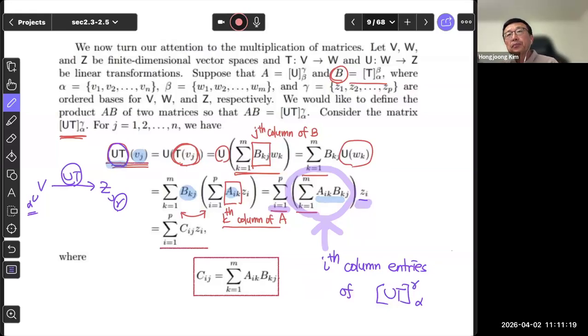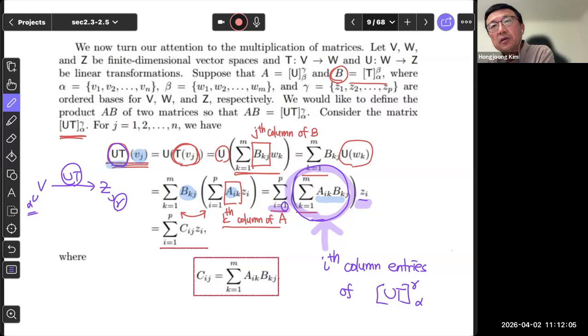So in particular, when I is 1, this expression represents the first row. Sorry, no, just a second.